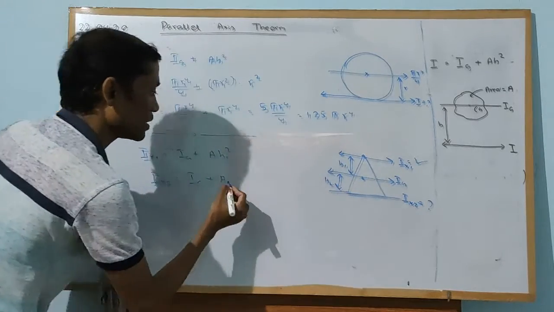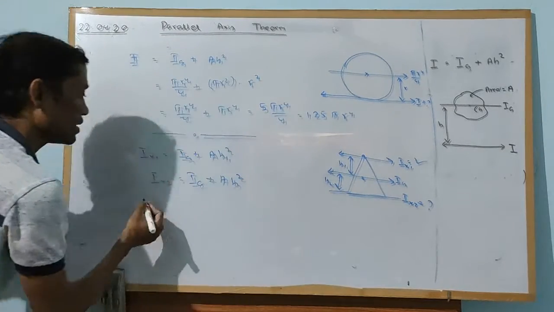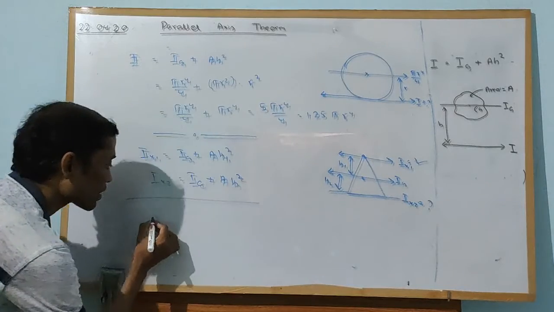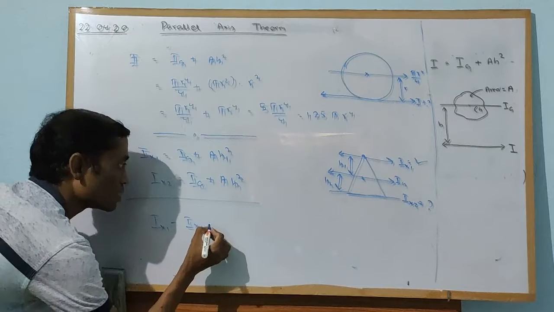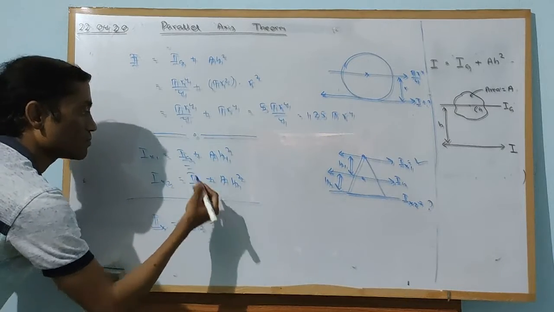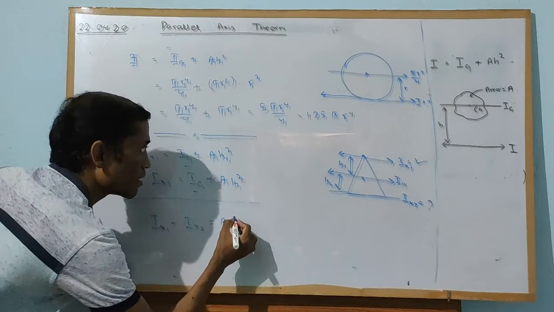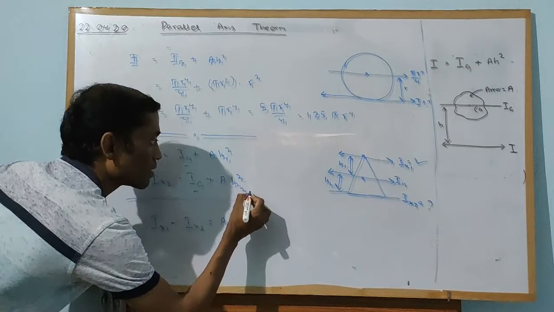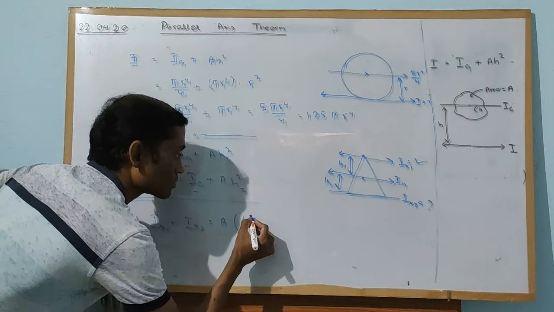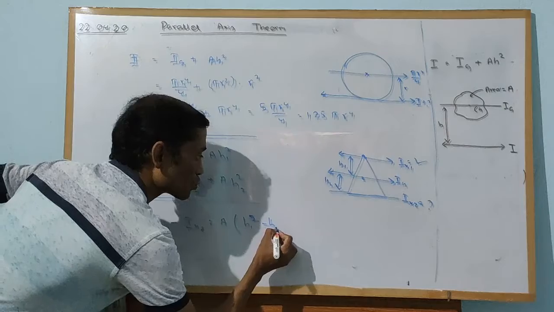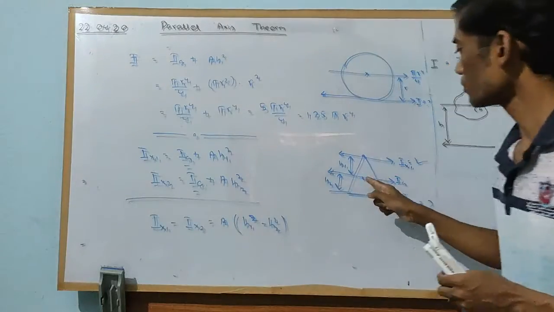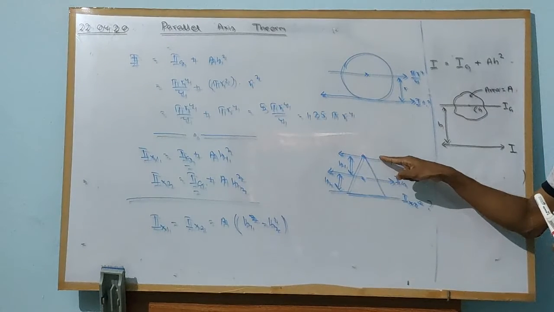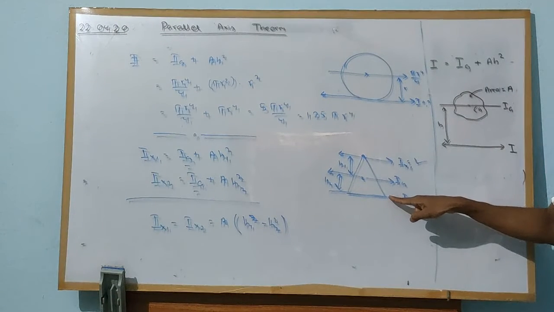If I subtract these two, Ix1 minus Ix2 is equal to, Ig cancels, A common, h1 square minus h2 square.